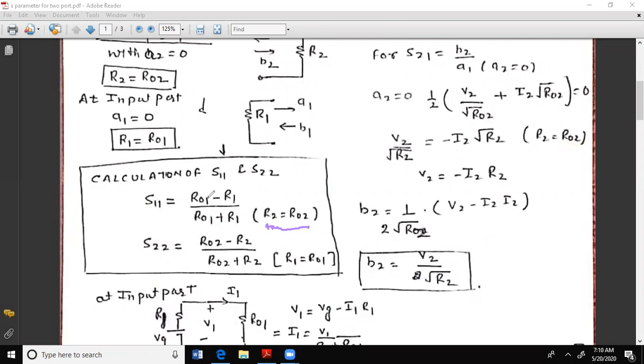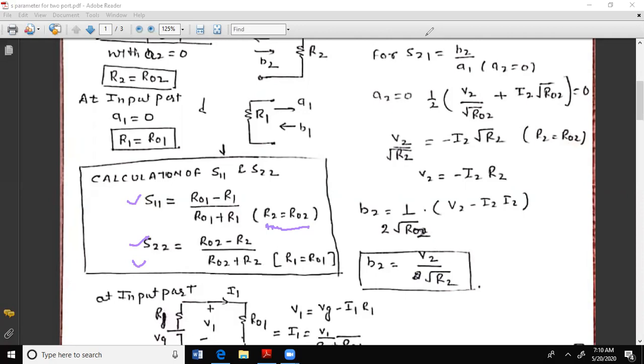That is ZL minus Z0 upon ZL plus Z0. So the value of S11 is R1 minus R01 upon R1 plus R01, and numerically S22 is equivalent to R2 minus R02 upon R2 plus R02. Using these formulas, we find the values of S11 and S22.